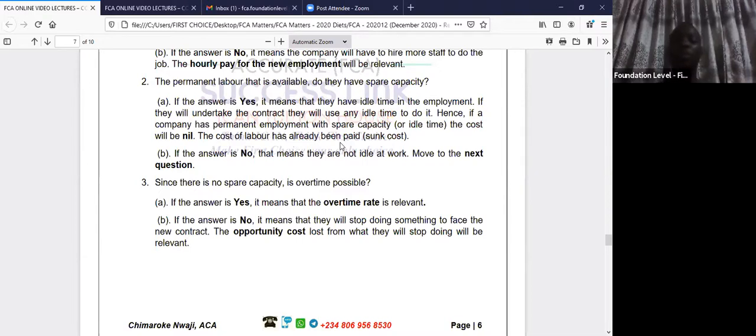Maybe you ask them, okay, you're always having no spare capacity. Yes, I know that your job is from 9 to 5. Can you come a little early, let's say 7 o'clock? And when you work from 7 till 9, it's just a contract, I have deadline. So from 7 to 9, I'm going to pay you overtime rates.